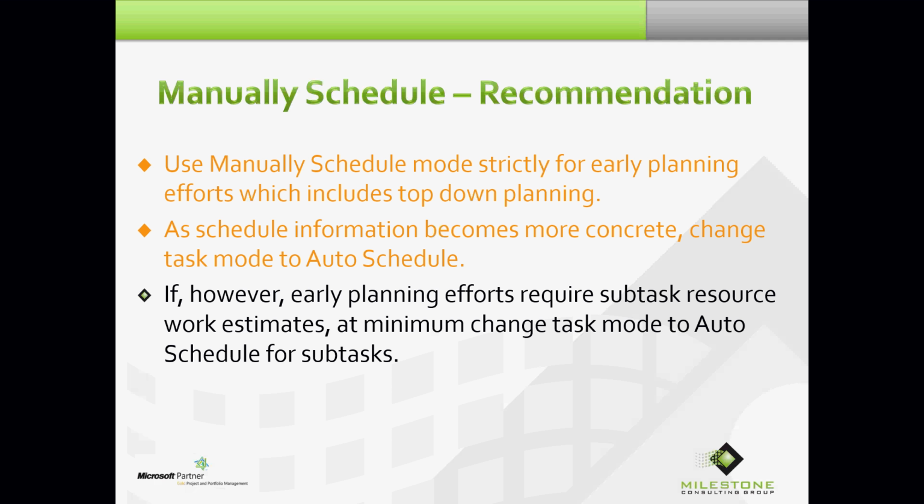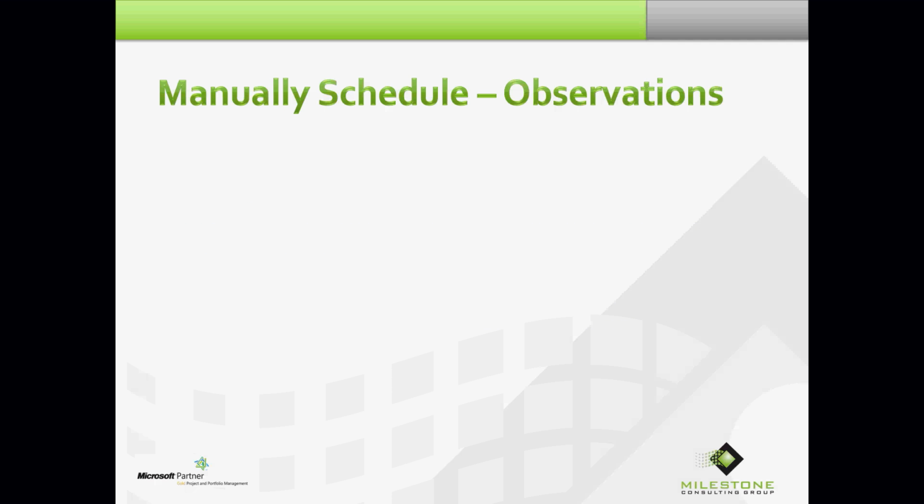You could leave manually scheduled mode on at your summary task level, but now if you're getting past manually scheduled duration, start, and/or finish estimates, now you're talking about building a team. Now you're talking about assigning people. So you're in assignment planning, step 3 of planning. And now you're talking about work estimates. You must be, I would believe, at a point where you know a whole lot more about this project and the odds are much higher that you're going to take it on. So get away from manually scheduled mode and go to where the true horsepower and flexibility of Project lives.